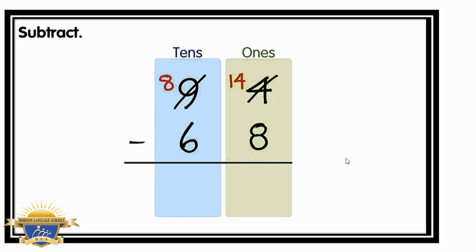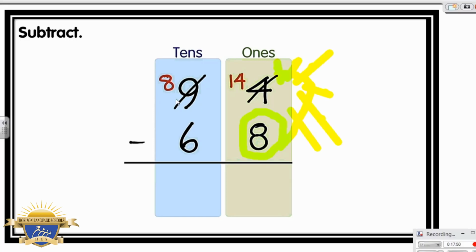And then we will subtract the tens column. So for 8 minus 6, we will circle the small number, and we said that 6 wants to be 8, so count after 6 till we reach 8.